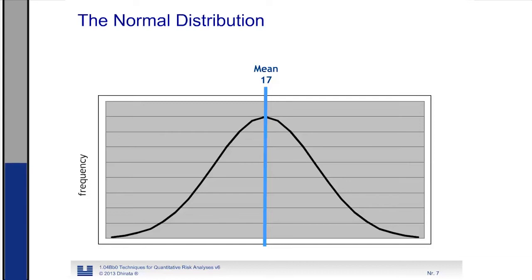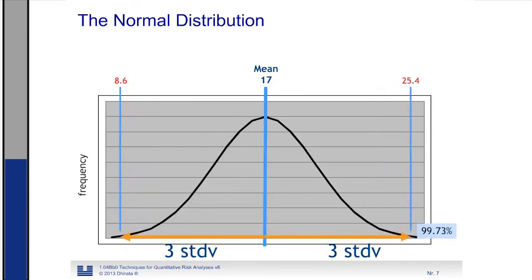Now, for the normal distribution, you can calculate that when you go 3 standard deviations below the average and 3 standard deviations above, between these two margins about 99.73% of all the durations will be between these two limits.